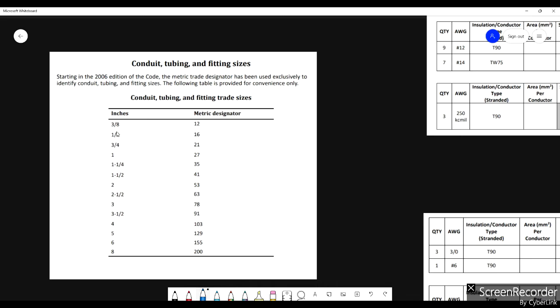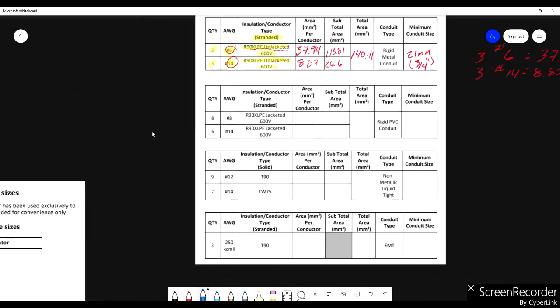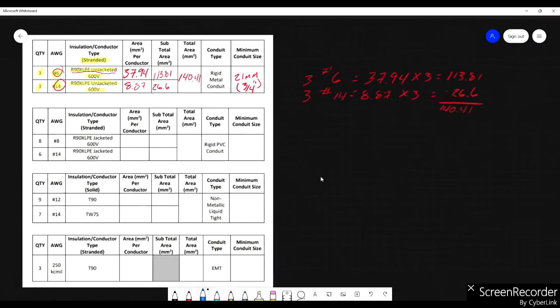It won't give you this exact number. So these are the equivalent trade sizes. It comes pretty close when you do the math. But this chart, just if you're unsure what the millimeter is converted to imperial, is in the beginning of your code book. All right. Just a little FYI. All right, let's do the next one here.